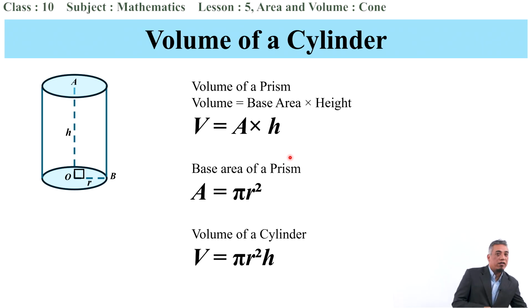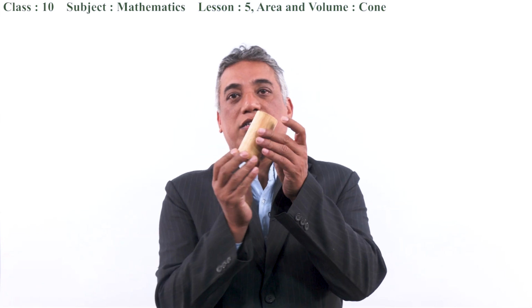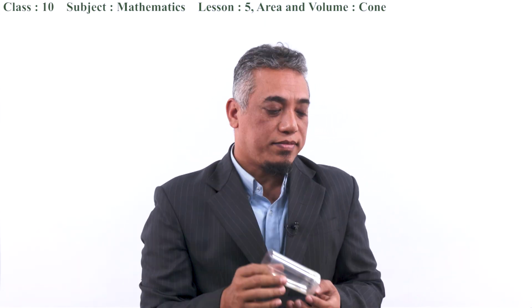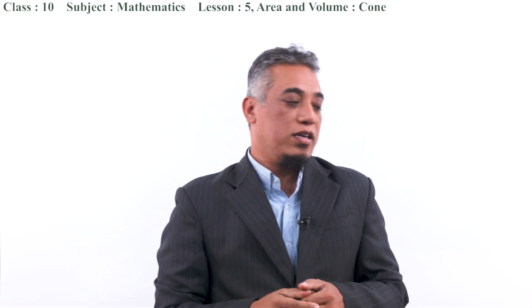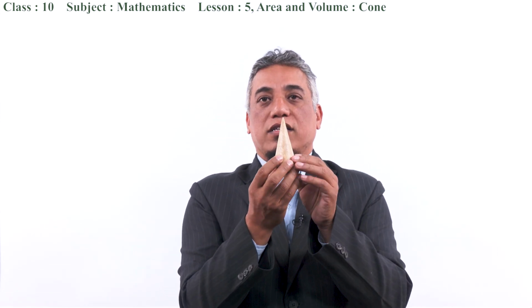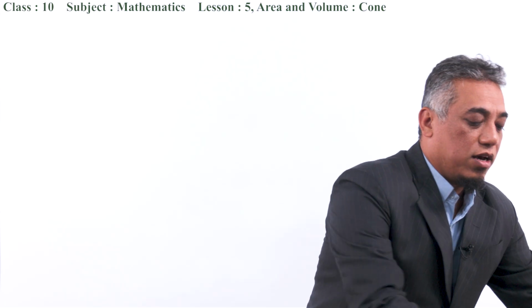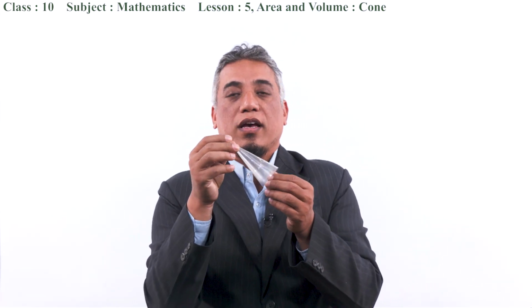Yes, a cylinder like this. This is a cylinder. This also is a cylinder. Now our topic is on cones. Like this is a cone, and this also is a cone.